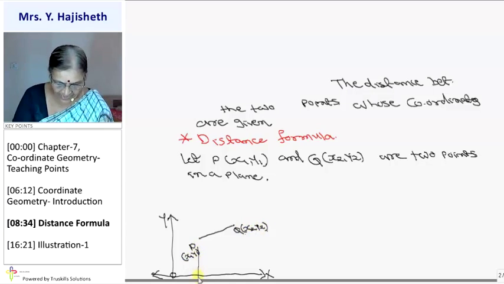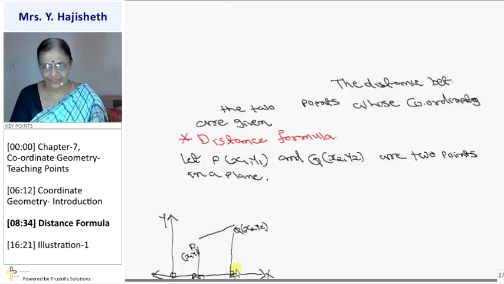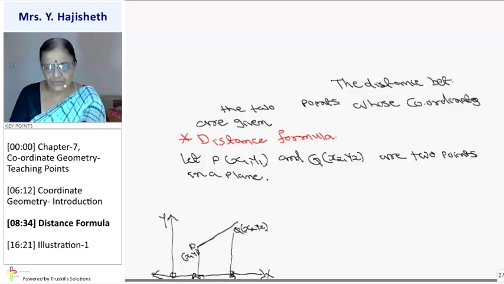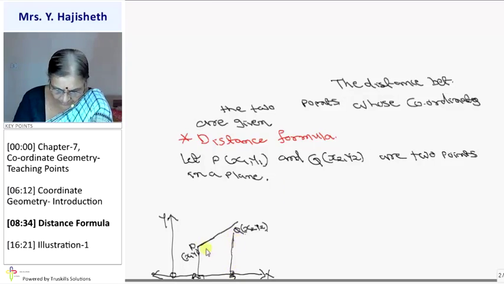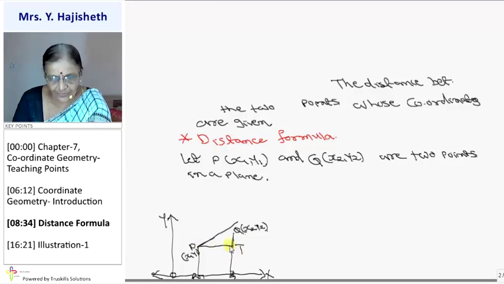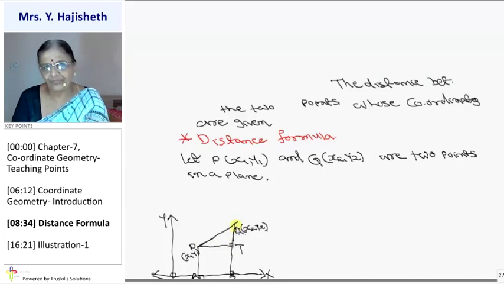From P I draw PR perpendicular to x-axis and from Q I draw QS perpendicular to x-axis. Clear? Now see, also you draw PT perpendicular to QS, okay?